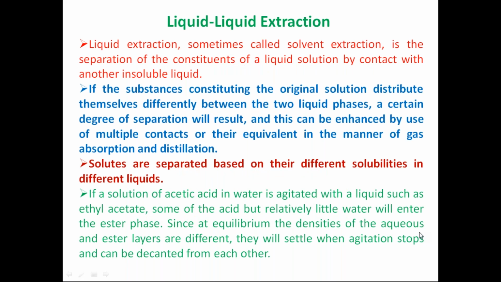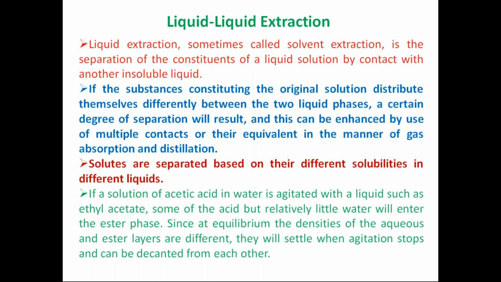So all of you might be aware from your process calculations what liquid extraction is. Liquid extraction has another name, that is also called solvent extraction. It is the separation of components based on their solubility.